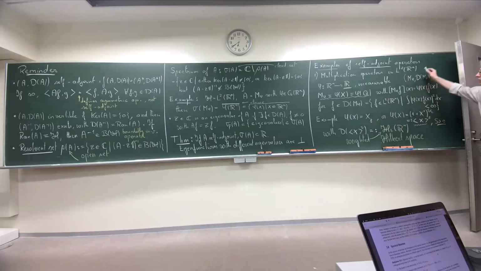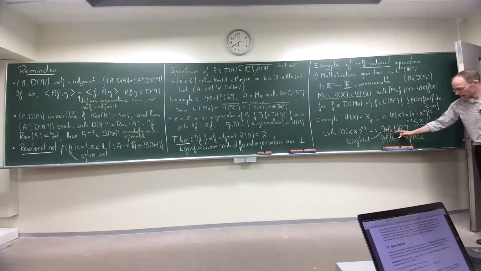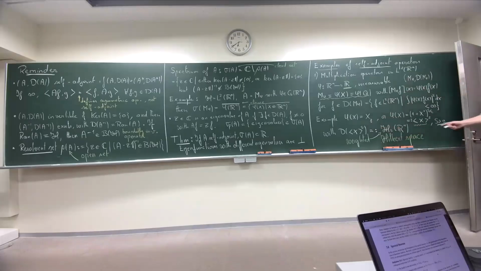Then you look at the domain, and it turns out that the domain has a specific name and notation. It's called H with the index s of Rn. This is just the domain of this function, and you can check what it is. It's called a weighted Hilbert space. Okay, this is just for information.